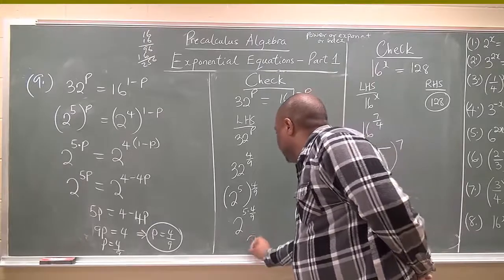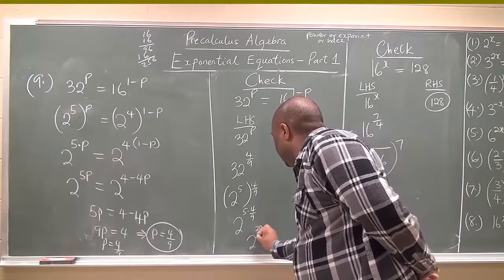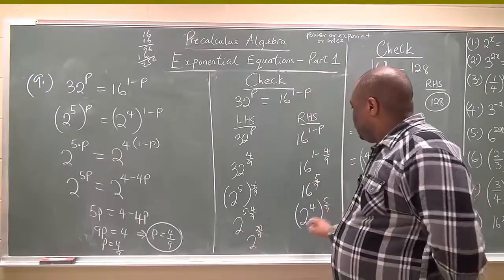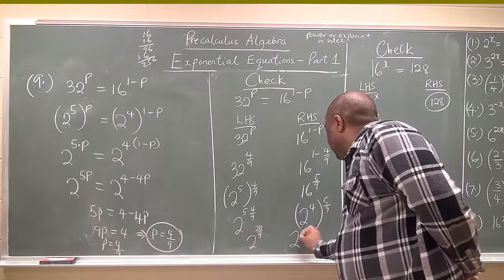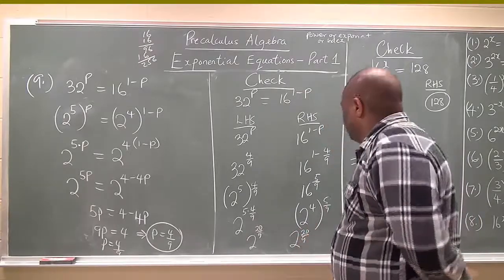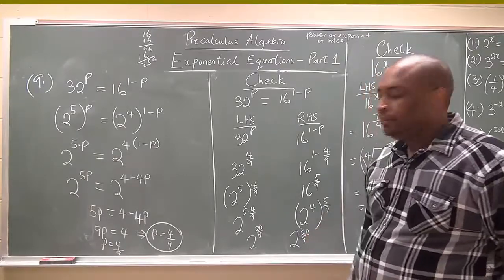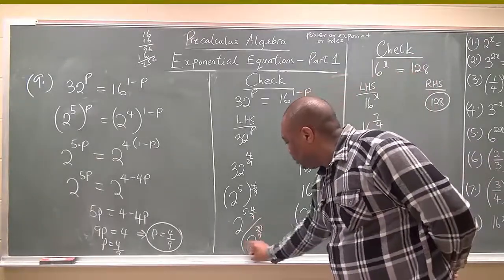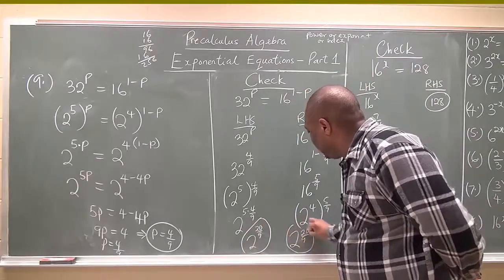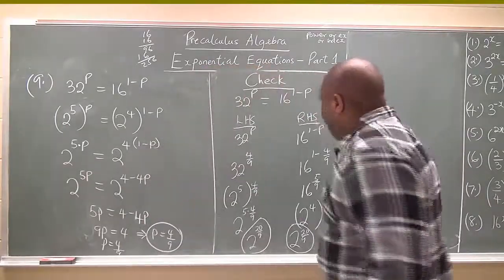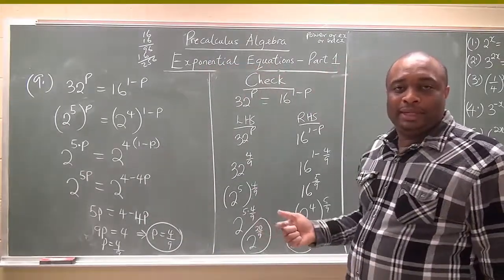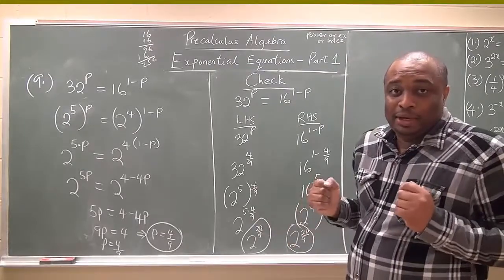So this will be 2 exponent 20 over 9. Right? And this will also give you 2 exponent 20 over 9. See that? Because 4 times 5 over 9 is 20 over 9. All you want to make sure is that your left hand side is your right hand side. And after that, you can drink some coffee because it's cold.